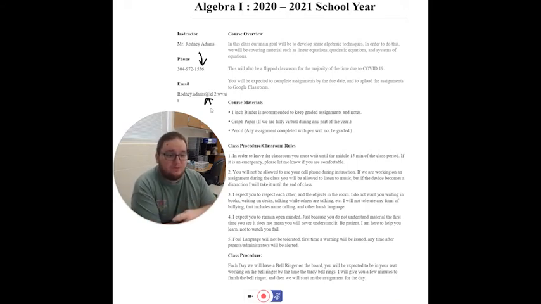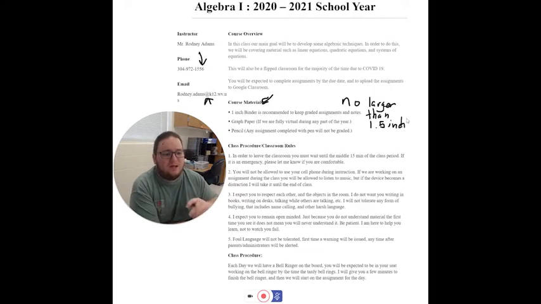Whenever it comes to course materials, I'm going to ask that you buy a 1-inch binder, and that's to keep graded assignments and notes. And I need this to be no larger than 1.5 inches, because anything bigger is just going to be too cumbersome, and you're not going to be able to carry it around or store it in your locker very well.